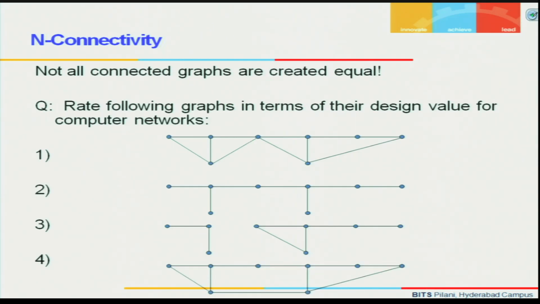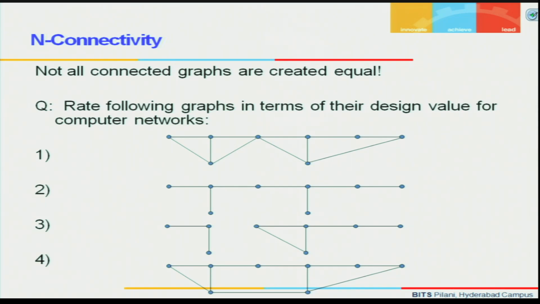Now we will introduce what it means by connectivity. It is very simple. You have got a graph and say it is a connected graph, and by removing how many nodes will this graph become disconnected?